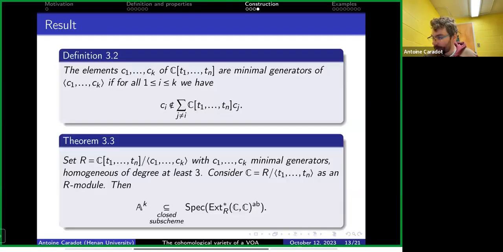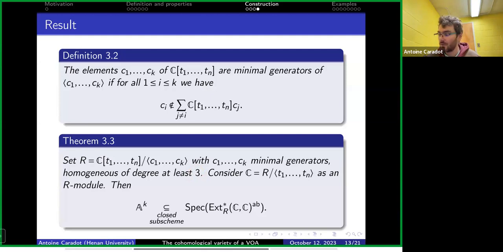Oops, my bad. So the theorem we were able to prove is the following. If you consider R to be your polynomial ring with relations C1, ..., Ck, and you assume that C1, ..., Ck are minimal generators, so no redundancy, and they are homogeneous of degree at least 3.